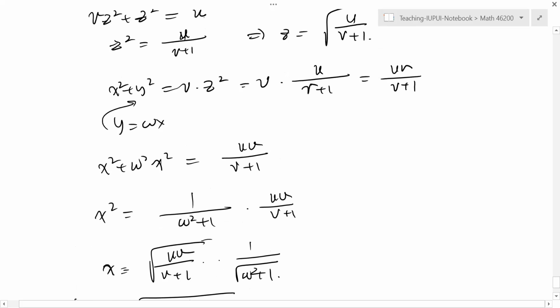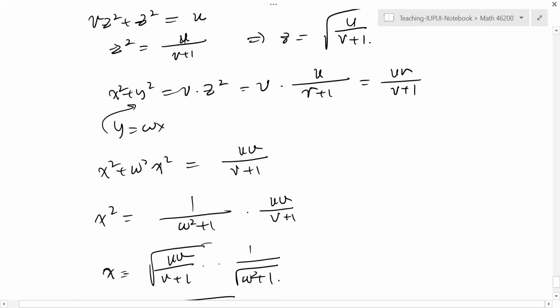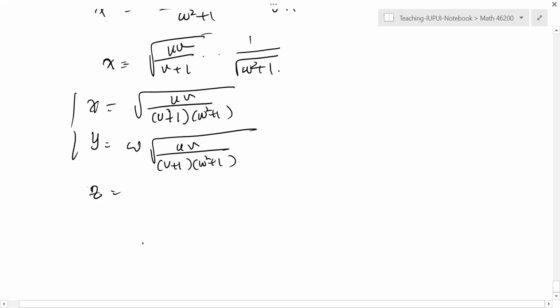We already got it. Z is the square root of U over V plus 1. So this gives you the inverse of the map.